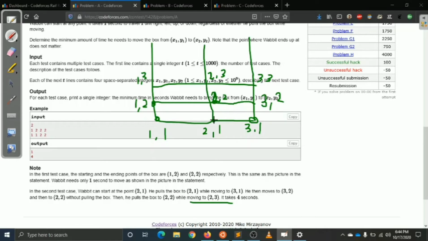So I think now you have understood the problem properly. Now it's time for us. Basically, I am trying to show how the mouse takes these two extra steps to move.